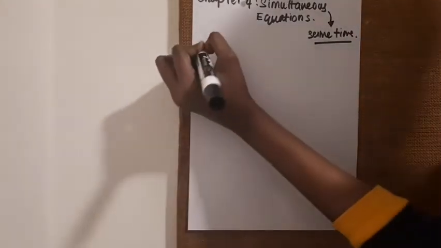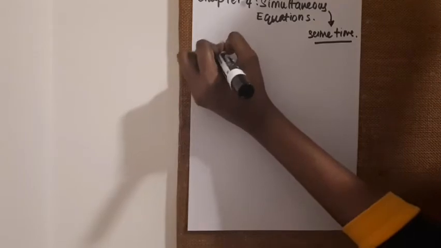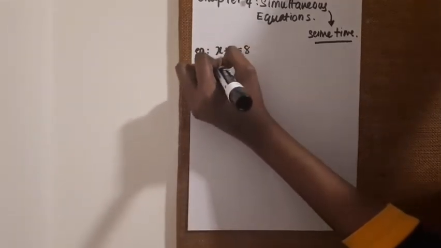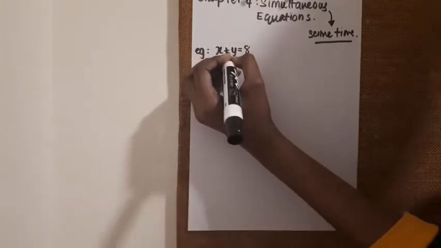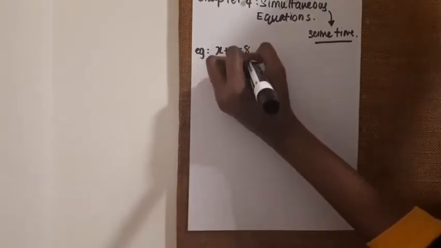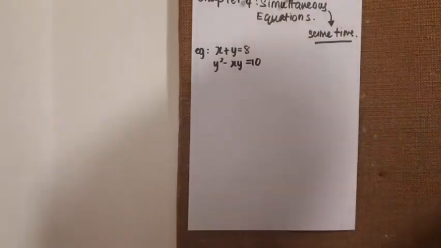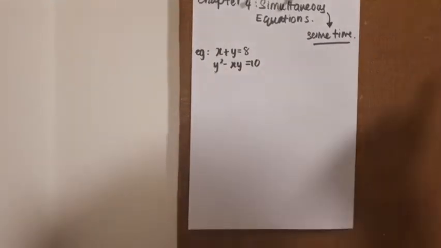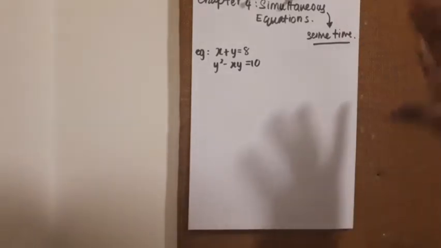So what happens is you will be given two equations, for example x plus y equals 8 and y squared minus xy equals 10, and you will be asked to solve these equations simultaneously, which means at the same time.